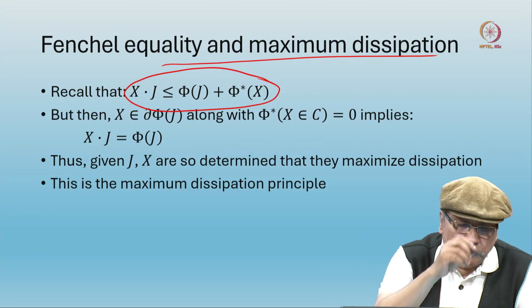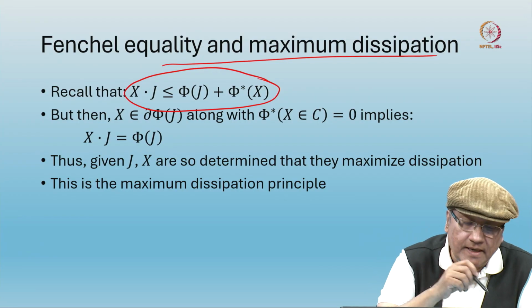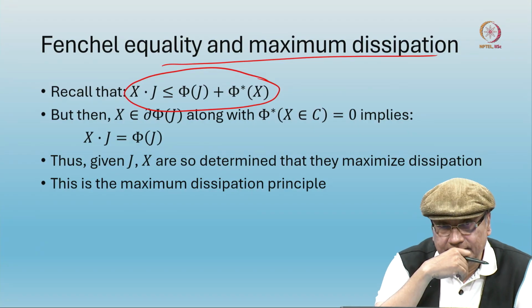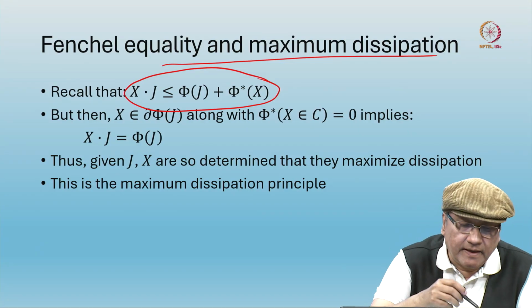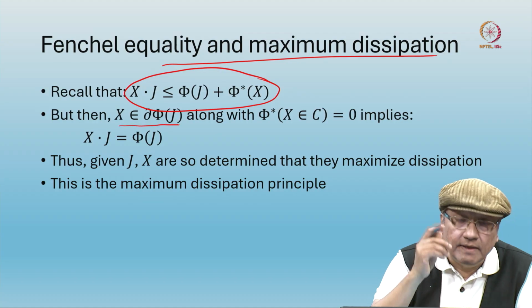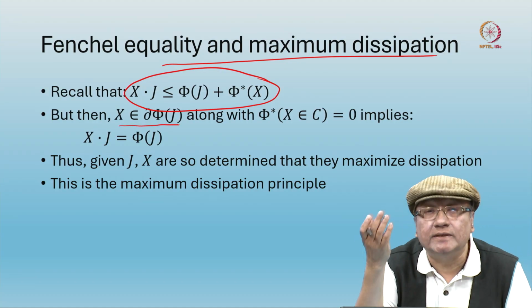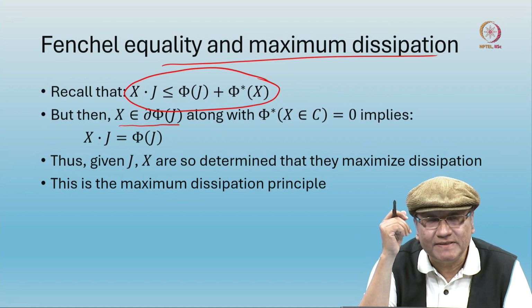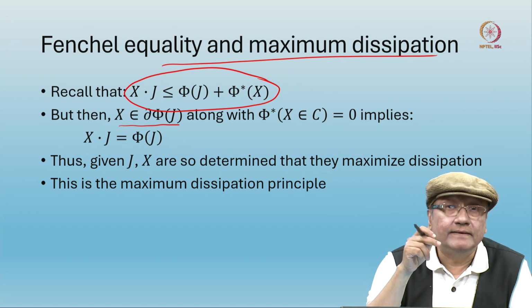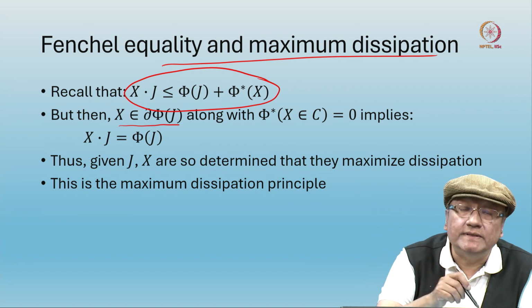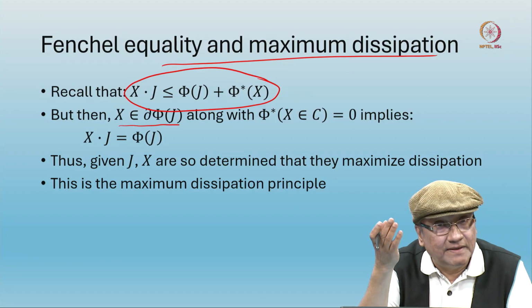But we have also proved that for a given j, for a given thermodynamic flux, when x belongs to the subdifferential of phi, then this inequality becomes equal.